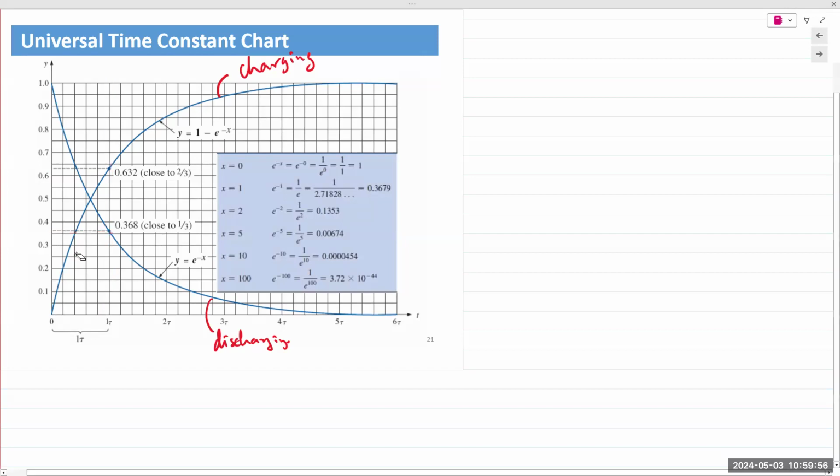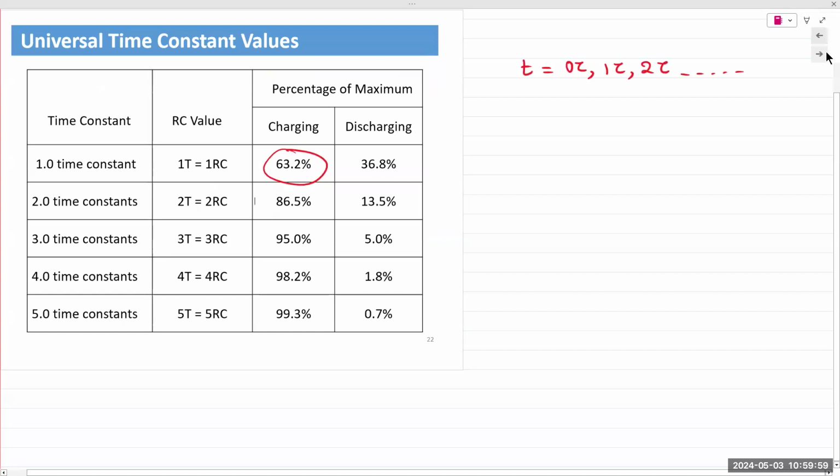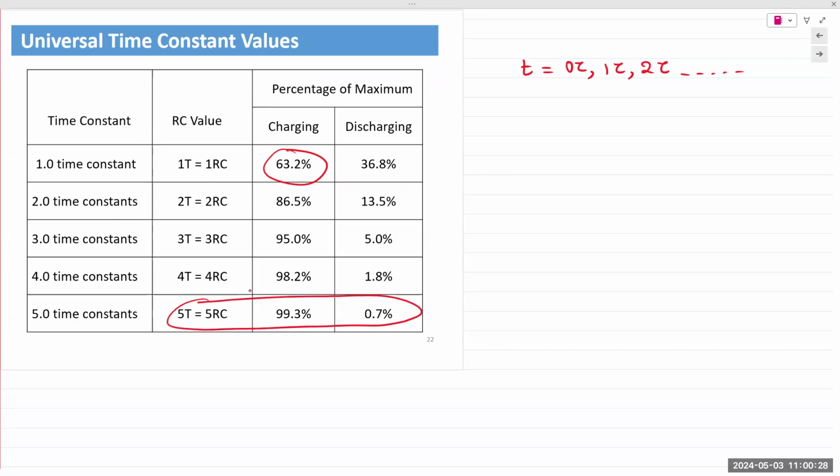So whether it's charging or discharging, it acquires or loses more than 60% of the charge or the stored energy. But it's a mathematical expression. If you plug in a value of t as 100 seconds, 1,000 seconds, 1,000,000 seconds, or 1,000,000 days, mathematically you will still obtain some small value of voltage or current. But realistically speaking, after 5 time constants, it acquires more than 99% of its charge, or it loses more than 99% of its energy.